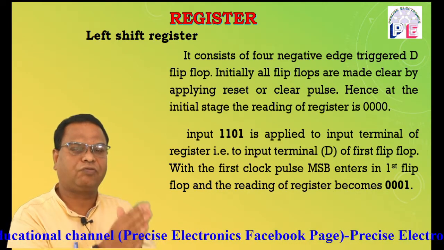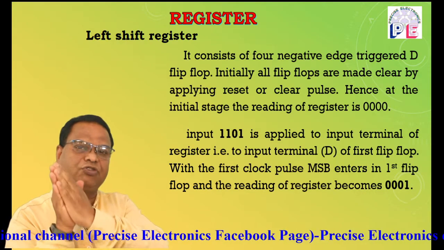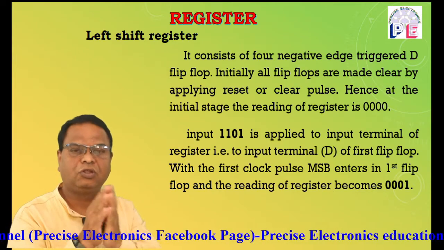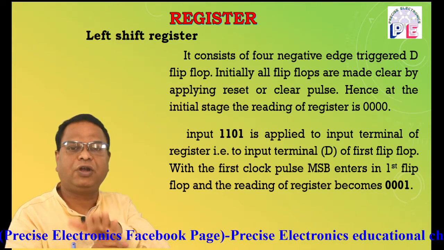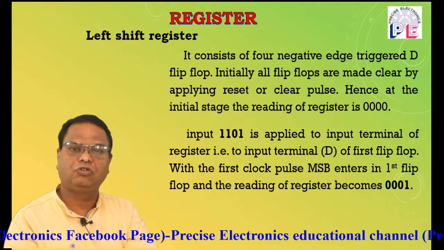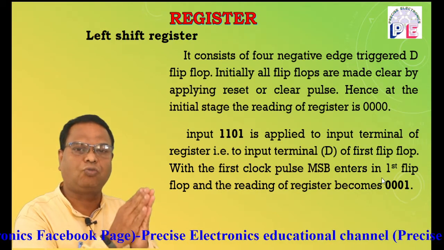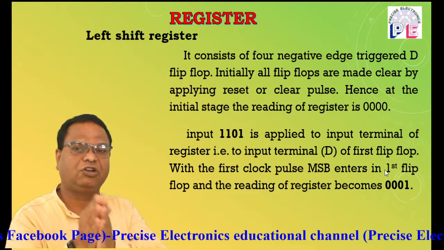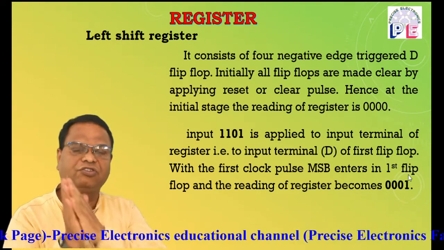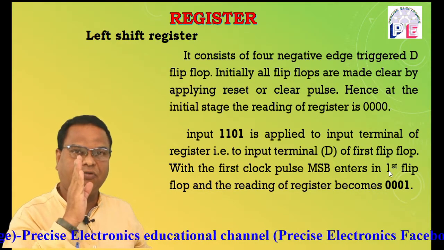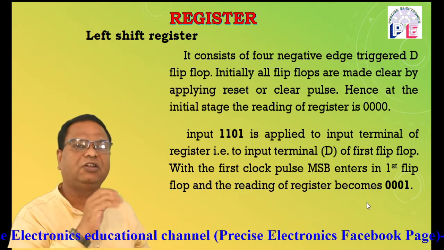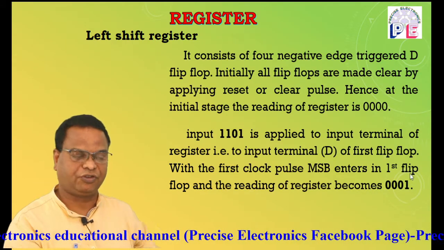The output of the first flip-flop, Q0, drives the data input of the second. So Q0 drives D1. The output of the second, Q1, drives the data input of the third, and so on. So the output of one drives the second, the second drives the third, the third drives the fourth, and so on. That's why it's known as a shift register. And in this case, data is moving toward the left-hand side. That's why it is known as a left shift register.